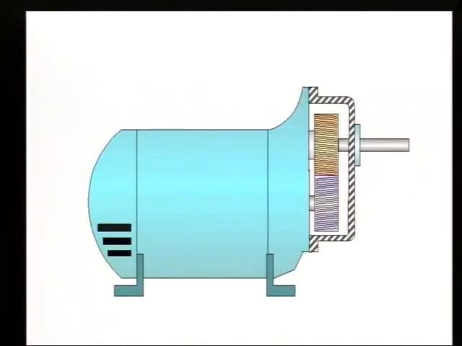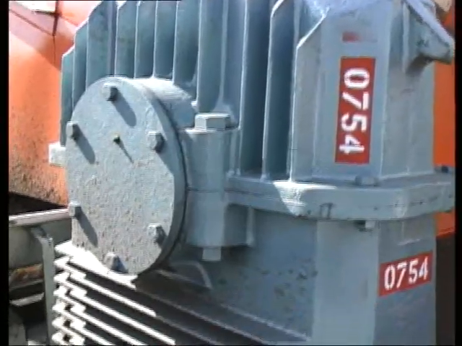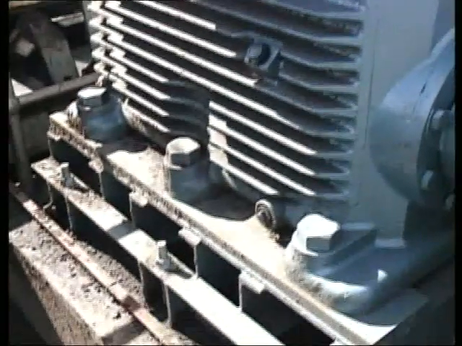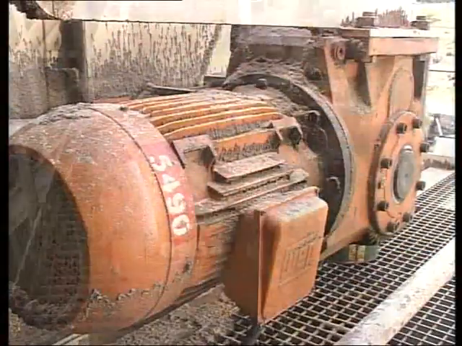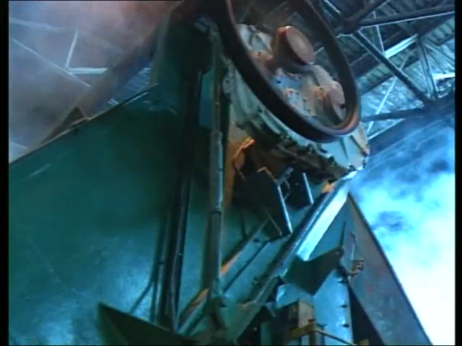In yet another configuration, we see an integral reducer, so called because the drive motor is an integral part of the reduction housing. In such types, the pinion is usually fixed directly to the motor shaft. By now, it will be obvious to you that a reducer can take on any size, shape, and design, and no doubt you will come across others.